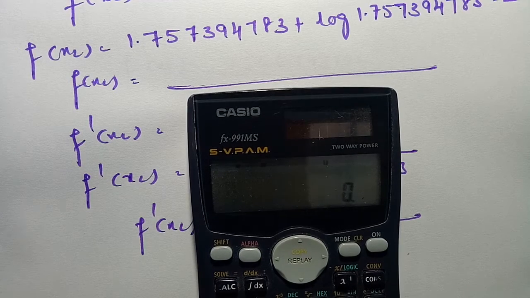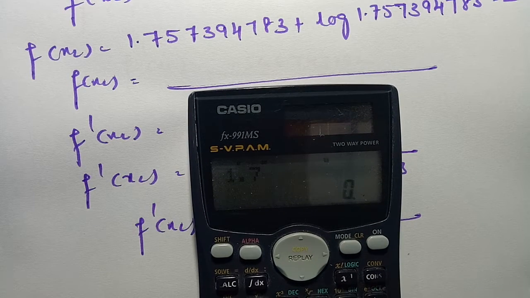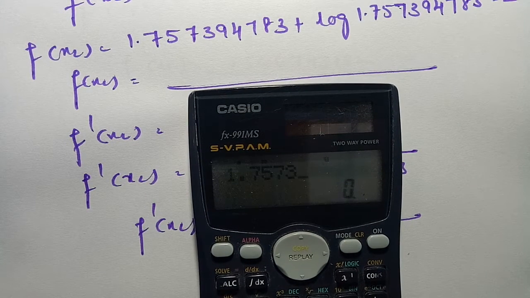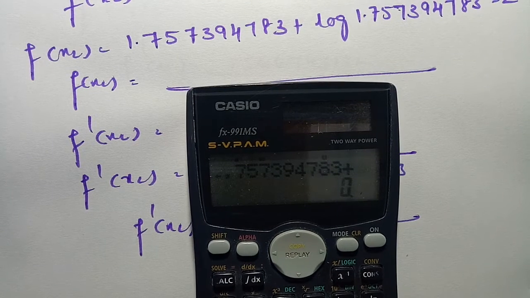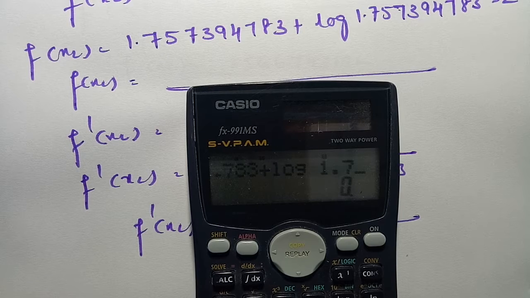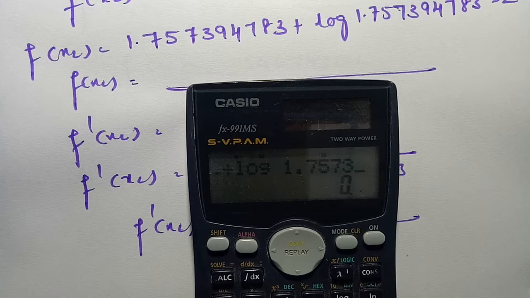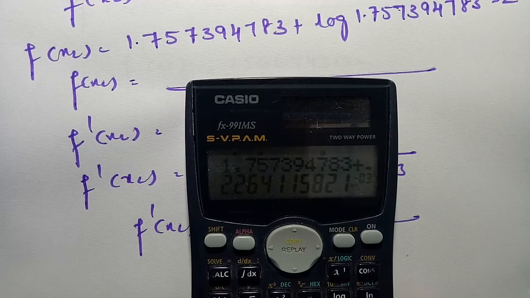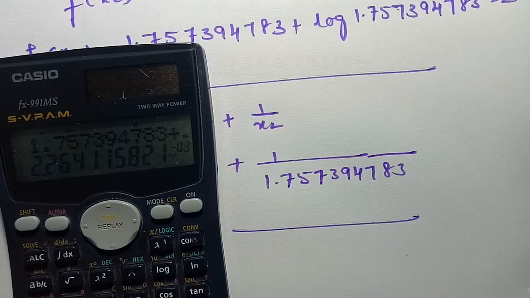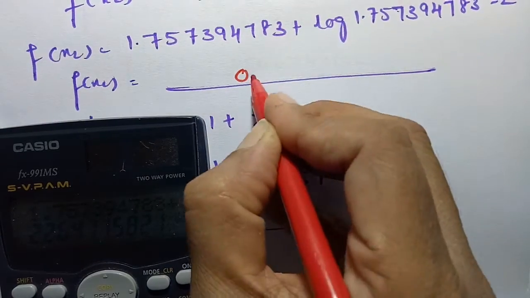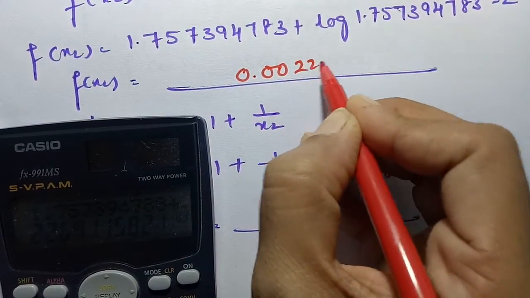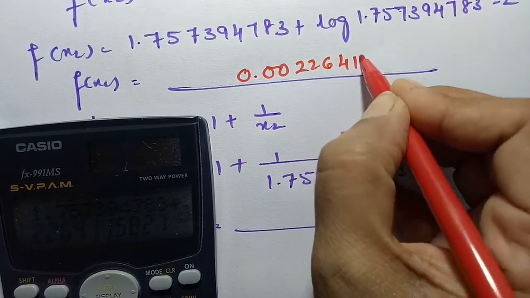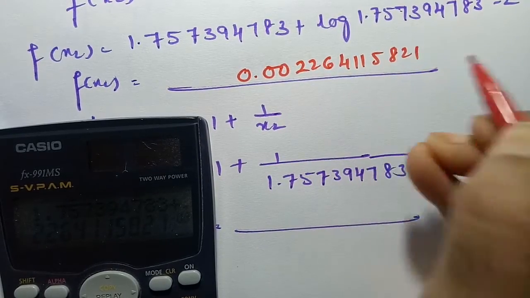So for that, 1.757394783 plus log of 1.757394783 minus 2. This value is nothing but 0.00264115821.